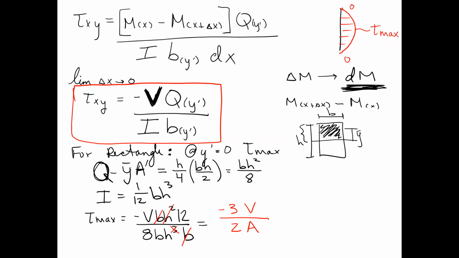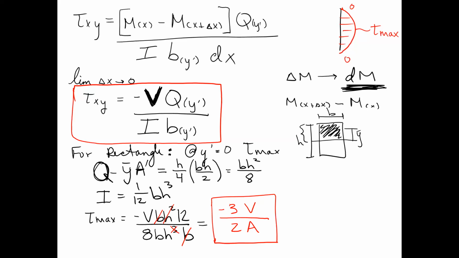Okay, so I want to make this very clear. I've given you a powerful tool here. When can you use this powerful tool? If your cross-section is a rectangle. That is the only time this formula gives you your shear stress. What's the other condition? Where does this give you the shear stress? It's the maximum value, so it's at the centroid.